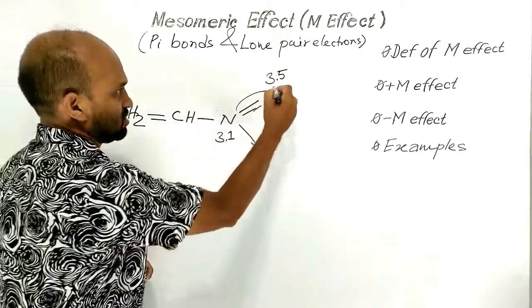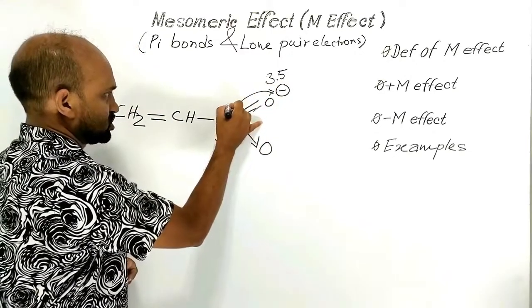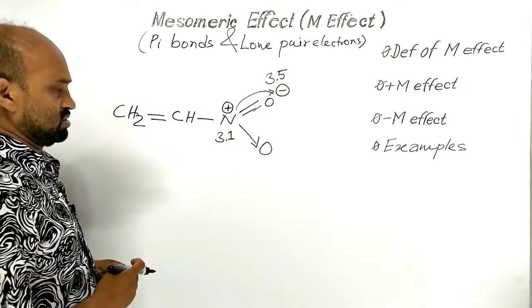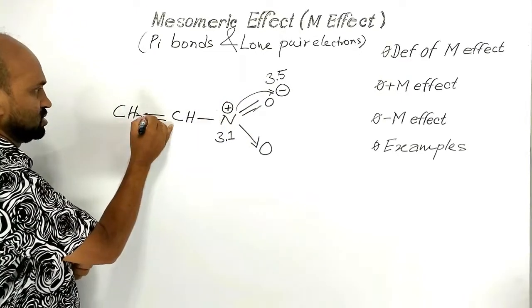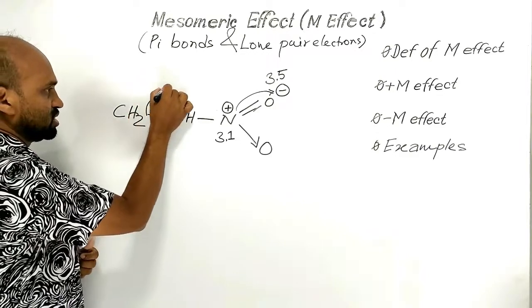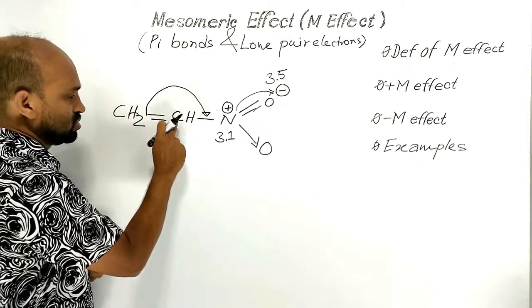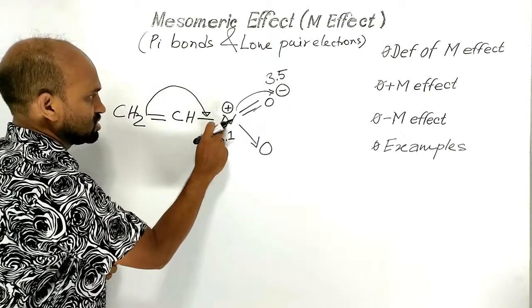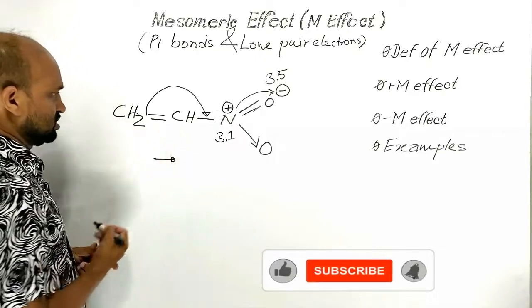As a result, oxygen gets negatively charged, nitrogen gets positively charged. Because of this positive charge, these pi bonded electrons shift to form another nitrogen oxygen pi bond in this way.